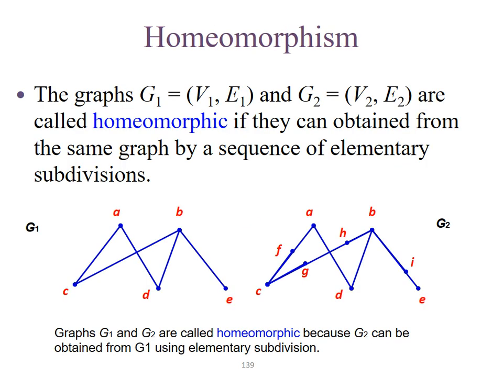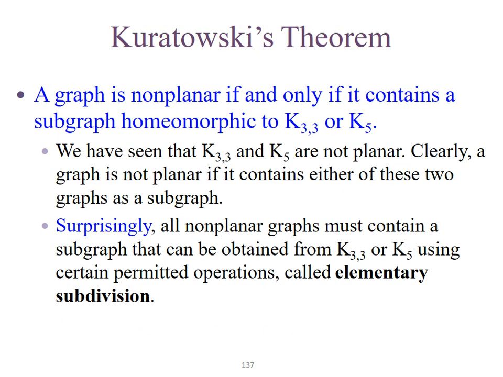Now let's go back to the statement of Kuratowski's theorem. A graph is non-planar if and only if it contains a subgraph homeomorphic to K5 or K3,3. In our previous case, G has a subgraph H, and H is homeomorphic to K5. Therefore, G is non-planar.